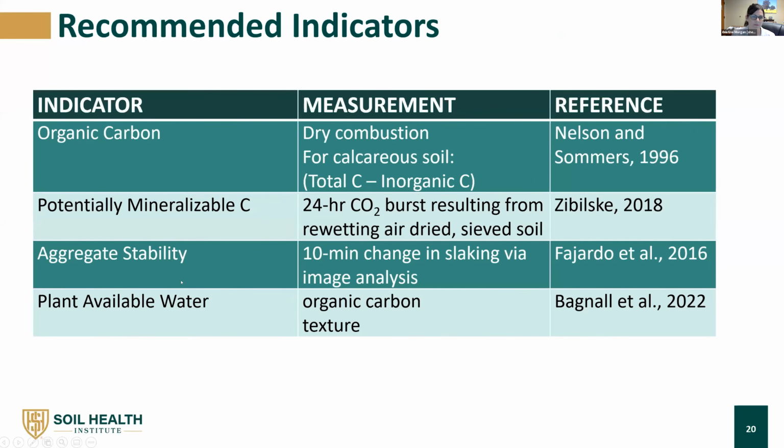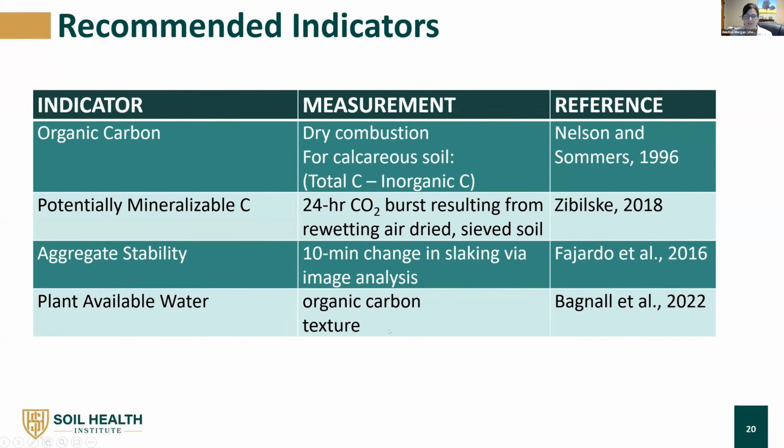This bottom plant available water, I should have written predicted plant available water because we're not actually recommending it be measured directly. Since we're already measuring organic carbon and hopefully you already know the texture of your soil or you can measure the texture of the soil, we can use the pedotransfer function that Diana spoke of earlier today. But anyway, here are the indicators, 4 big indicators.